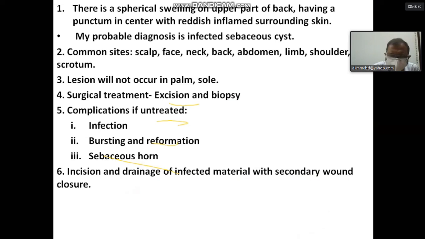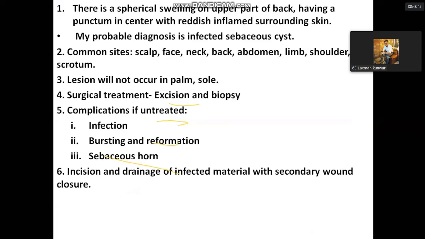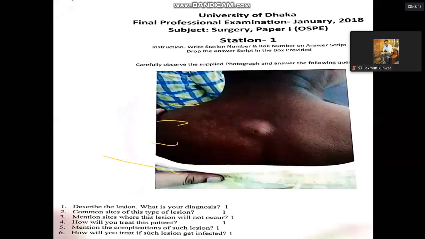Okay. What are the common sites for sebaceous cyst? Scalp, face, back, neck. Mention sites where these lesions do not occur.